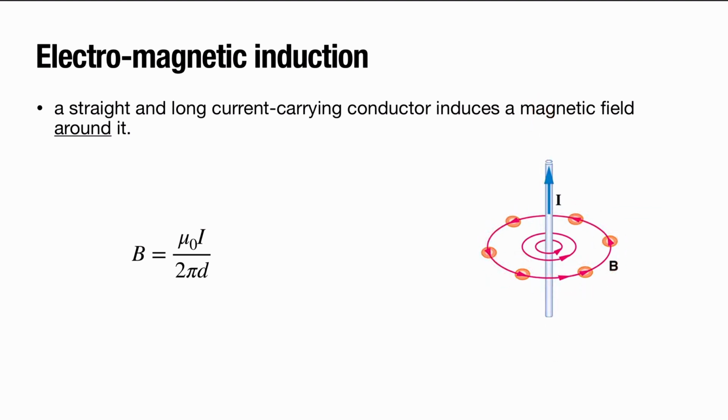And the size of the magnetic field is given by this formula here. Mu 0 is the permittivity of space. That's because electromagnetic waves travel in space. And I here is the amount of current flowing through our wire. 2 pi, those are constants, and d corresponds to the distance from the wire.